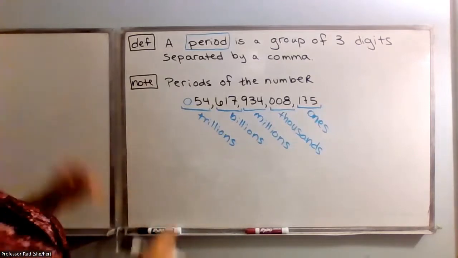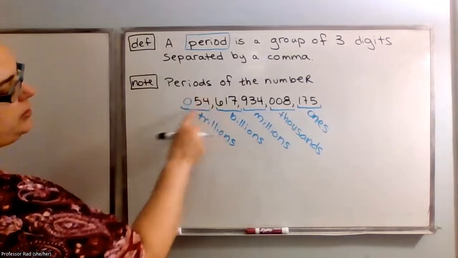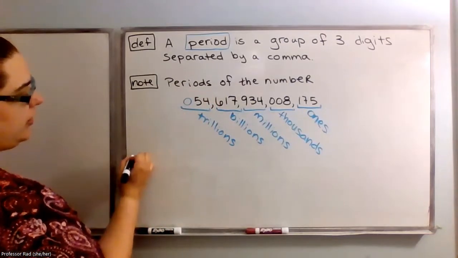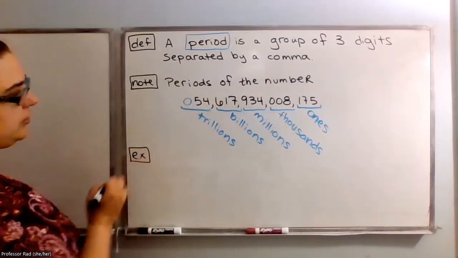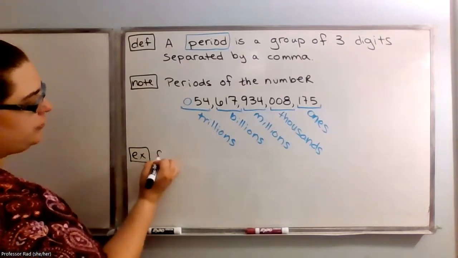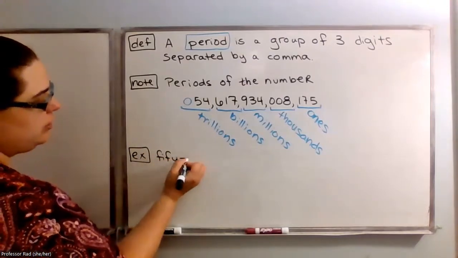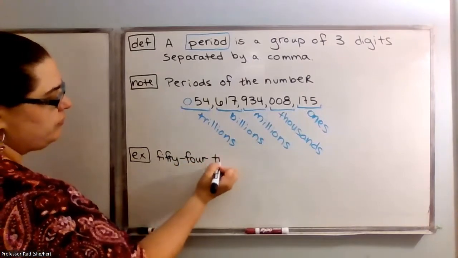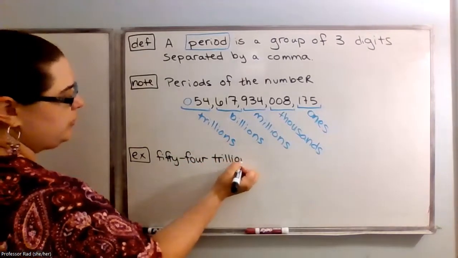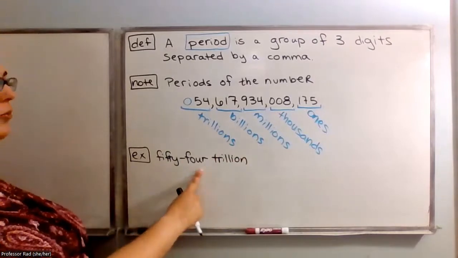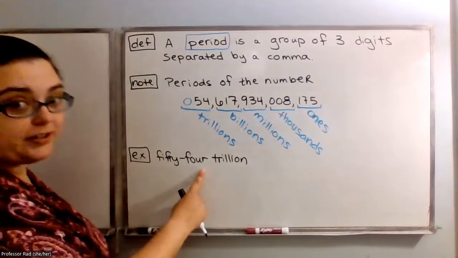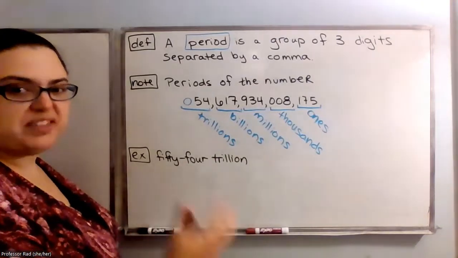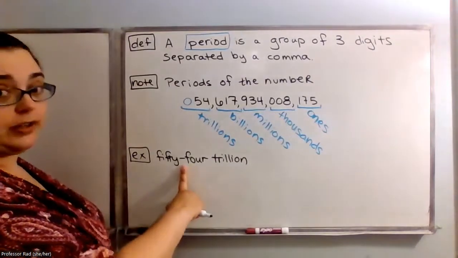Let's go ahead and see if we can write that out. Let's start with the 54 trillion. We have 54, and that's in the trillions period. I'm going to call this an example of how we would write this out. So 54, let me make sure I spell it properly. Whenever you have a dum-de-dum kind of number, like 54, 78, things of that nature, you want to make sure they're hyphenated.